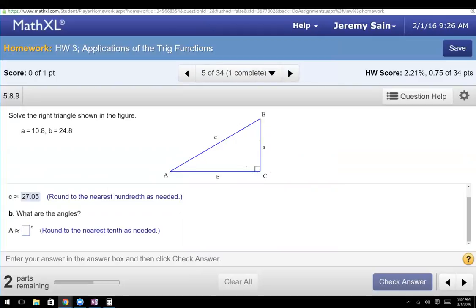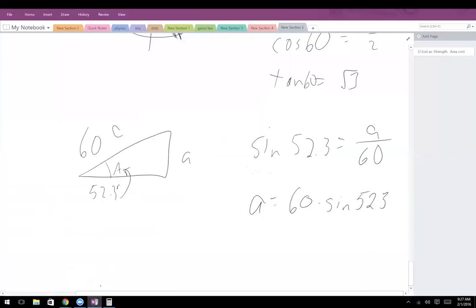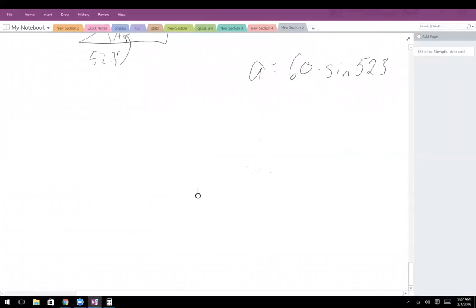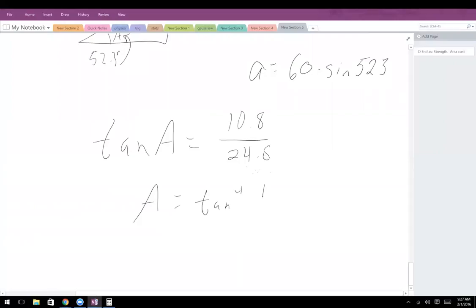Okay, so to get angle A, we could use any sides we want to, but since A and B are the ones in the problem, I'm going to stick to those. If I look at A, I've got the opposite and the adjacent side. So which one has opposite and adjacent? Tangent, right? So tangent of A is 10.8 over 24.8. So you're just going to do inverse tangent.